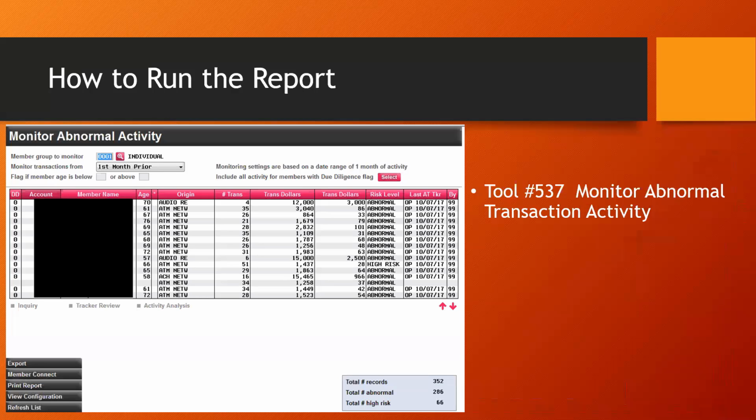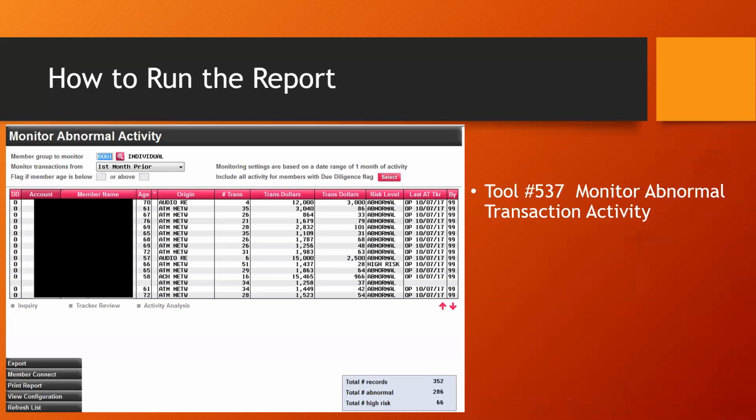For first timers who have never done this before, you will be amazed at what you see. It pulls up things you would never guess. When we originally built the platform, we even have flags on here. Flag if member's age is above or below. Obviously, the above was for elderly exploitation. The below was for people that were using kids' accounts on their own behalf, adults.